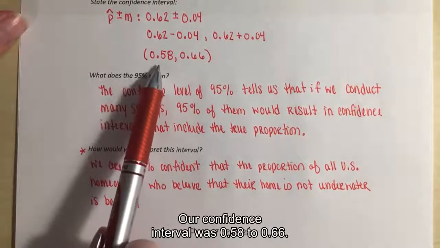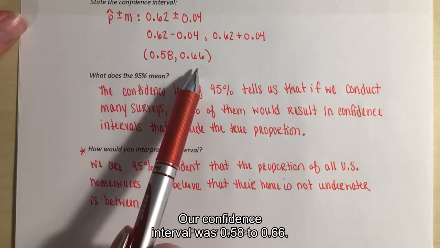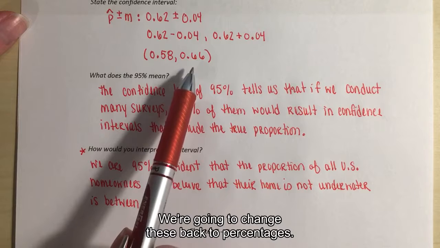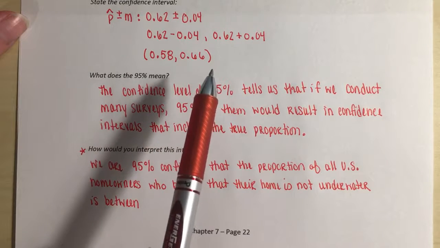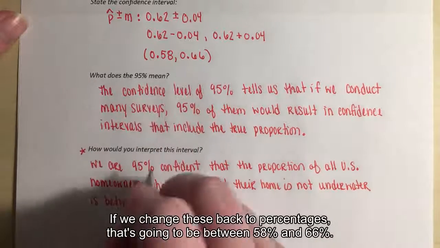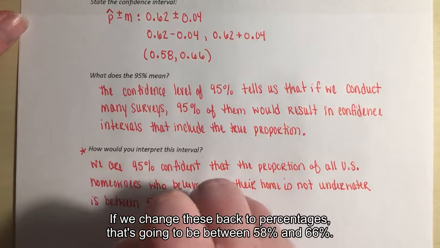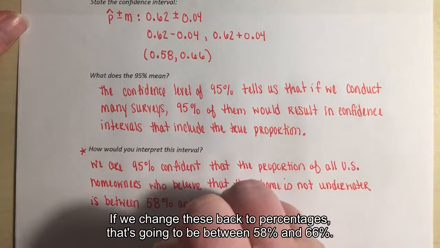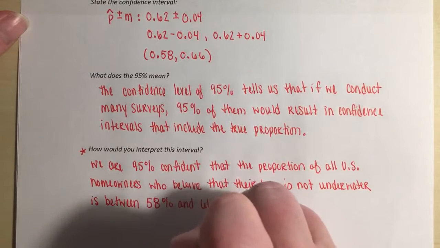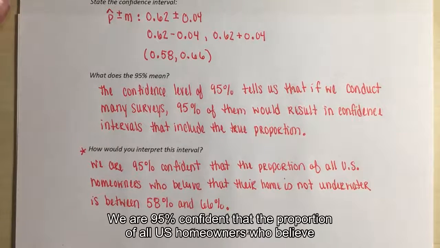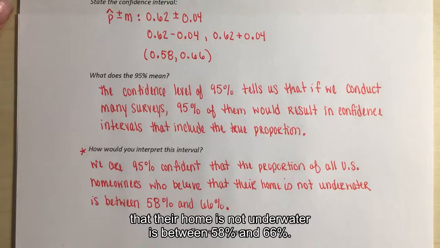Our confidence interval was 0.58 to 0.66. We change these back to percentages, so that's between 58% and 66%. So we are 95% confident that the proportion of all U.S. homeowners who believe that their home is not underwater is between 58% and 66%.